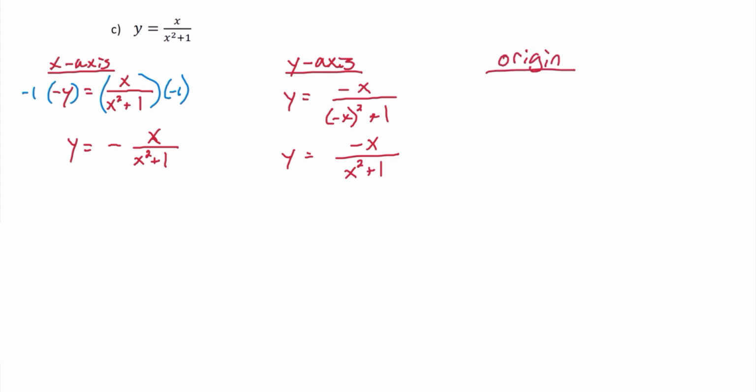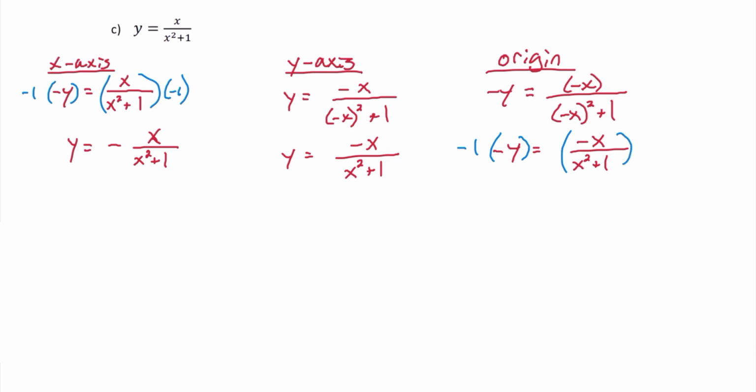To do that, we replace y with negative y, and we replace x with negative x. Simplifying, we get negative y equals negative x over x squared plus 1. Let's try to force y to be positive, since it's positive in the original.